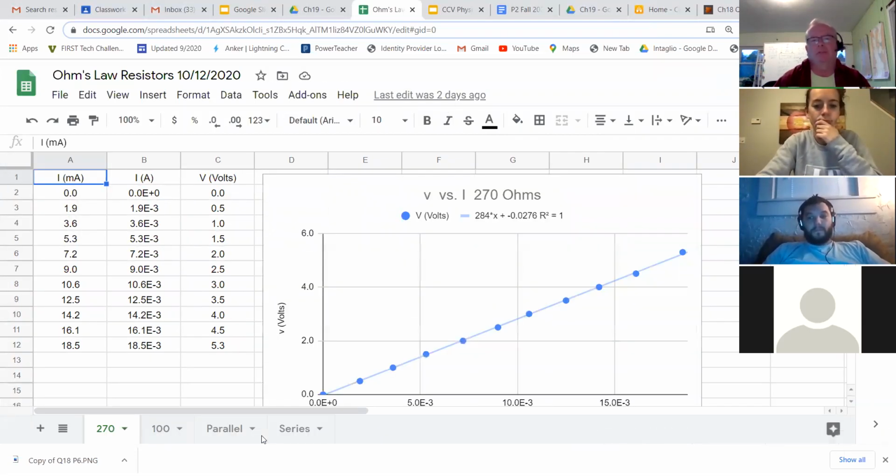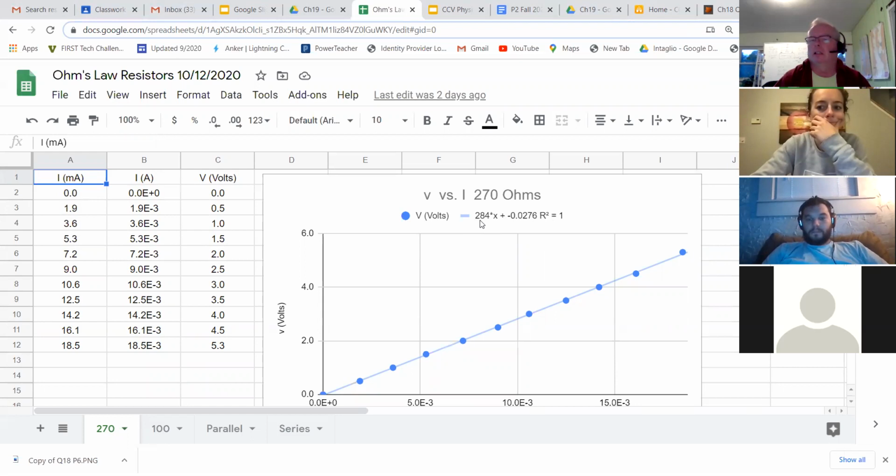Okay, so I wanted to point something out. If you happen to have your values, that would be great, but I don't want you to miss what I'm about to do by digging through your Google Drive. So we have voltage versus current for a 270 ohm resistor. And our regression, spot on.